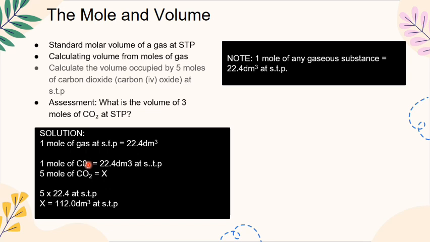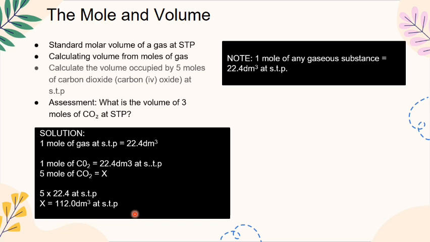You just cross multiply. If we cross multiply this, it will be 5 times 22.4, which will be equal to 1x. That's how we arrive at 5 times 22.4. Then your x is equal to 112.0 dm cube at STP.